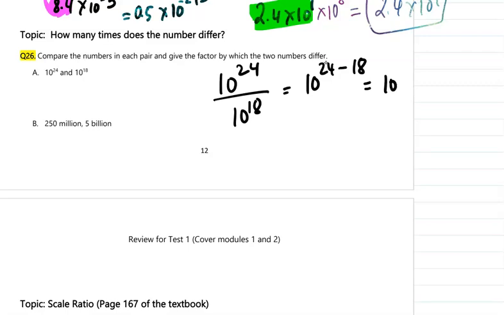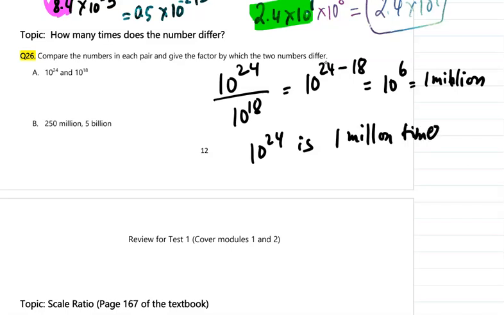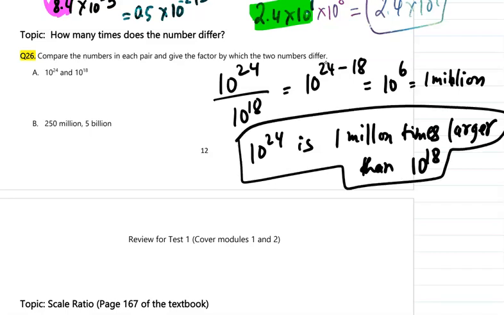It's going to be 10 to the power 6, which is 1 million. So 10 to the power 24 is 1 million times larger than 10 to the power 18. That's the answer for part A.